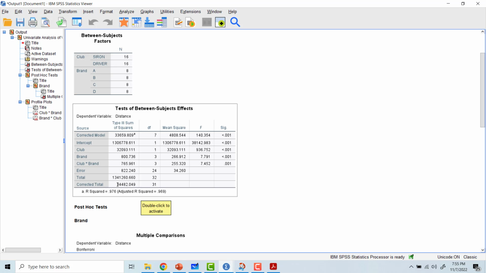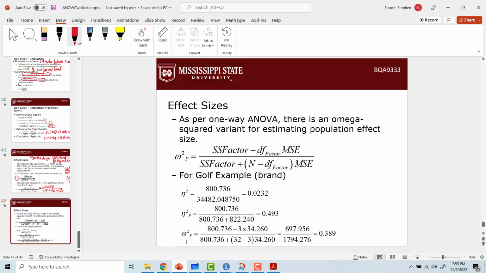The total sum of squares is 34,482.049. So let's have a look at this: it's 0.0232. So this is the eta squared. This is low, as most of the variation is in the club.